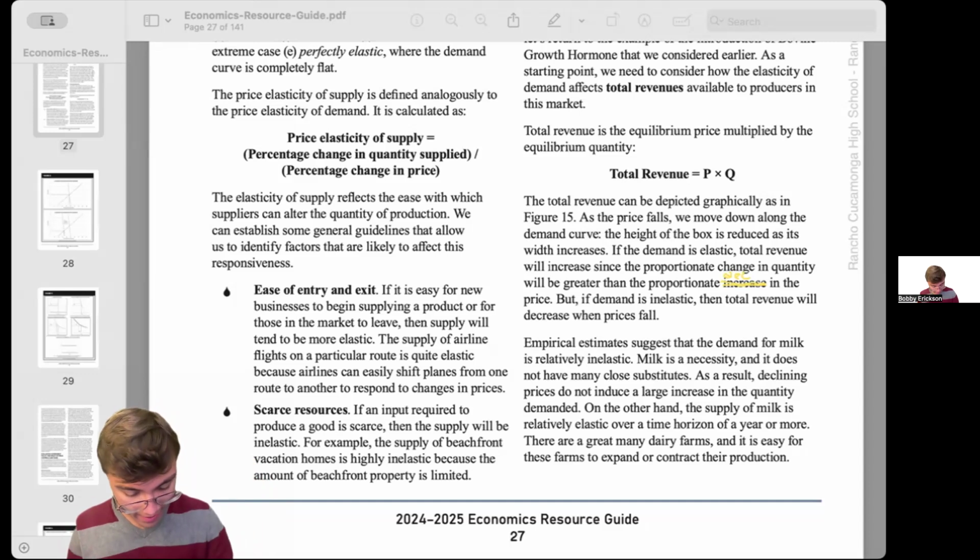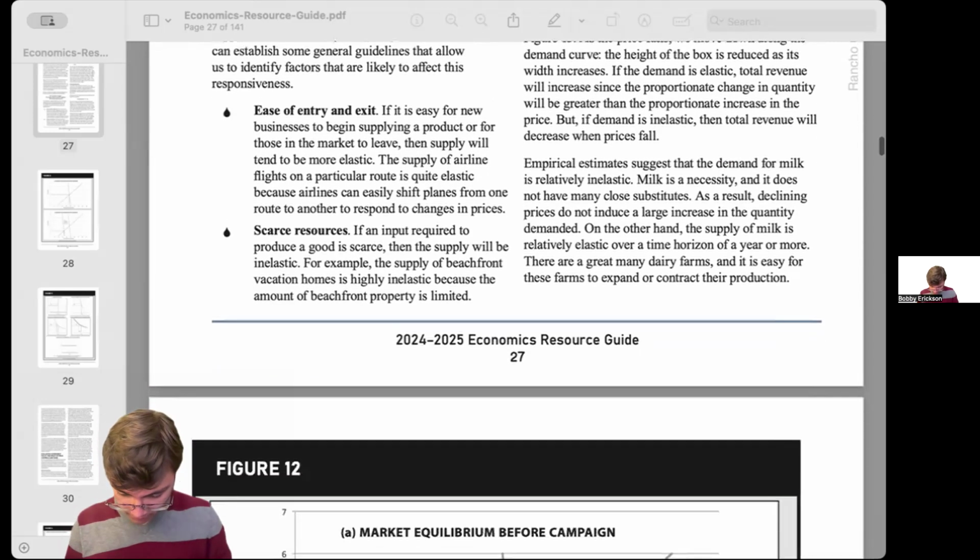So we're going to go ahead and walk through an example here and see that if we're looking at the demand for milk, we know that milk has a relatively inelastic demand. We know this because it doesn't have a lot of close substitutes and it's a necessity.